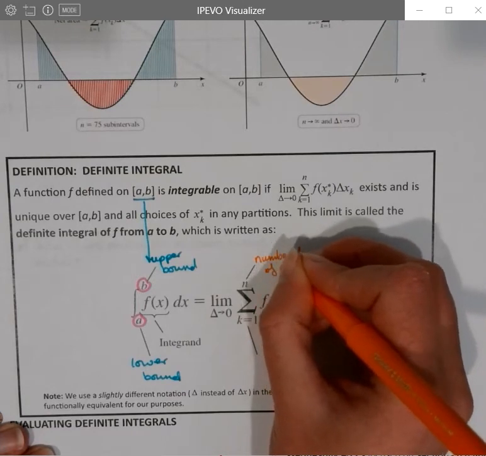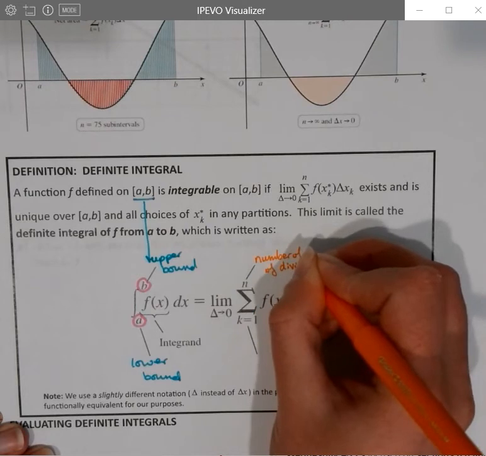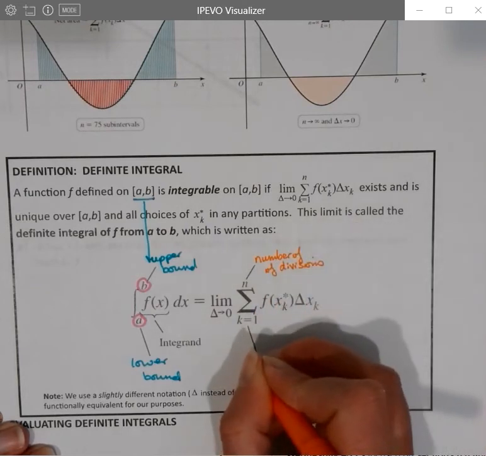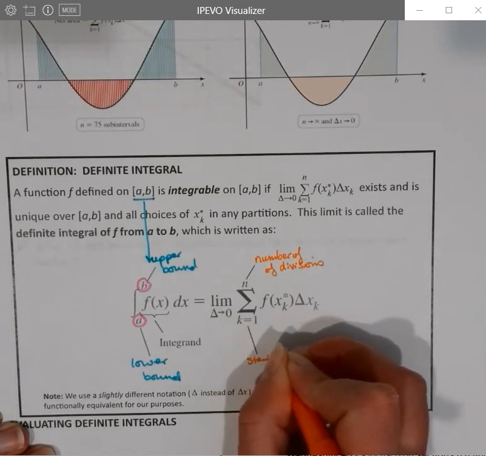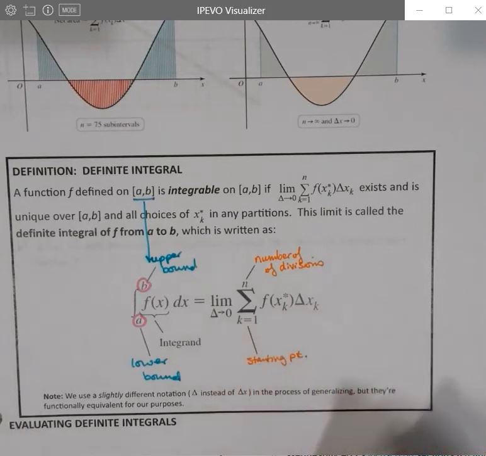Number of divisions, I'll call it for short. And x_k star is just the start of the interval. It does not correspond with a, it's just saying that if I start at the first interval, I'll be able to continue until I get to the second subinterval, and the third subinterval, and so forth.